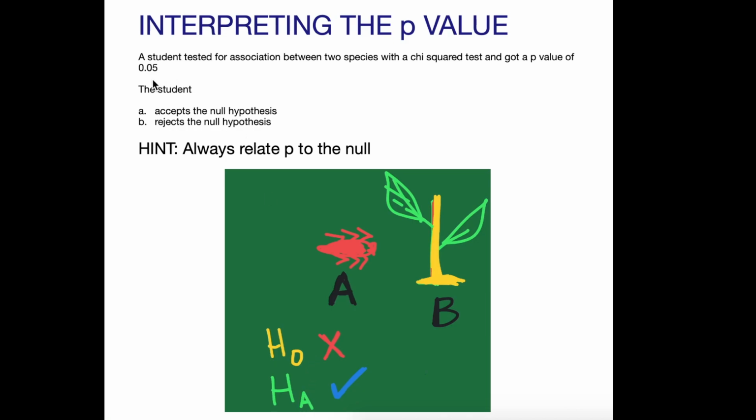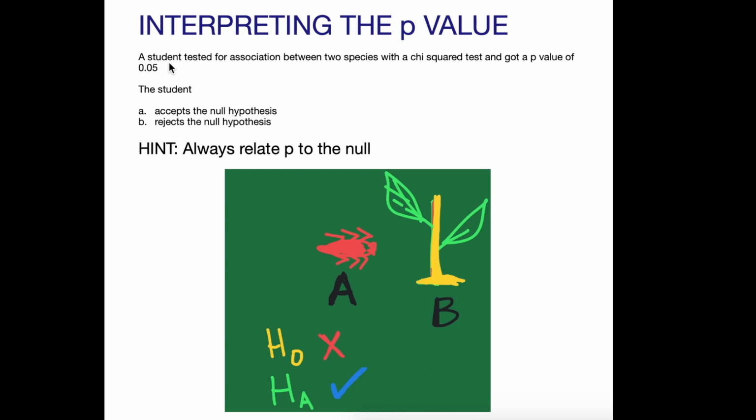So this is why a p-value of 0.05 is seen as a benchmark, because once you get a p-value of 0.05 or less, it means you accept the alternate hypothesis.